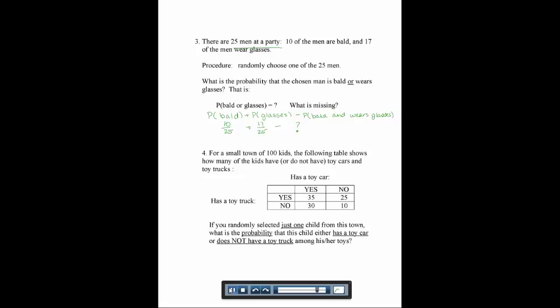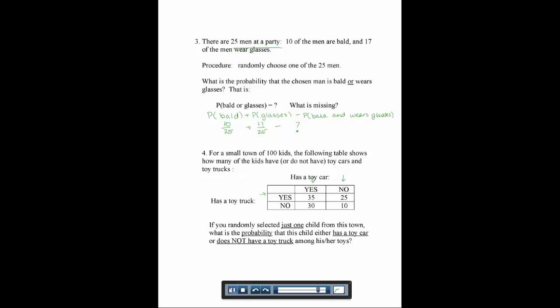Okay, one more problem for our addition rule. So the problem says, for a small town of 100 kids, the following table shows how many of the kids have or do not have toy cars and toy trucks. In the columns, it tells whether a kid has a toy car or not. So we've got some who do have toy cars and some who do not. And then we can ask, do they have a toy truck?